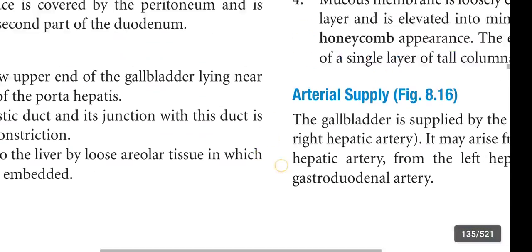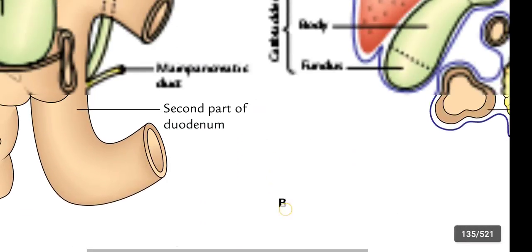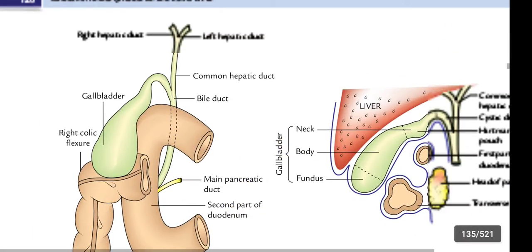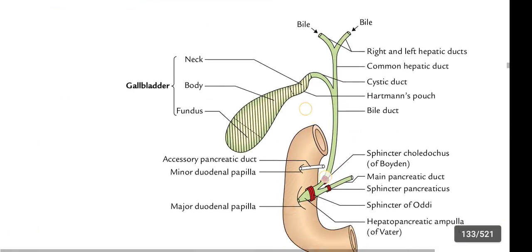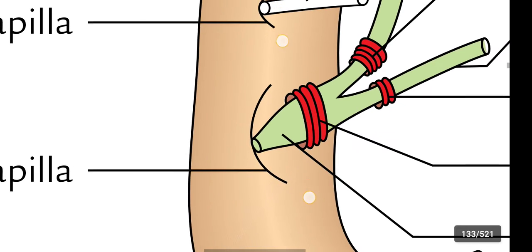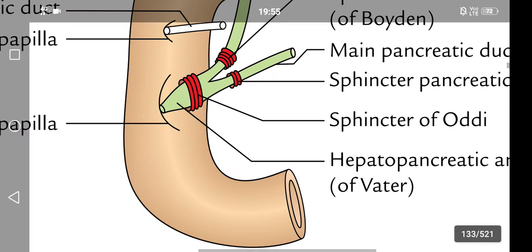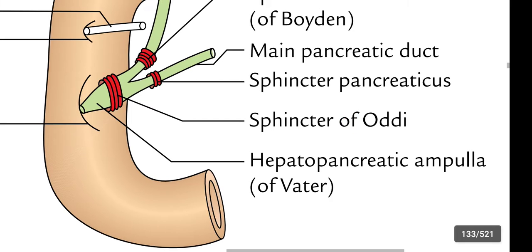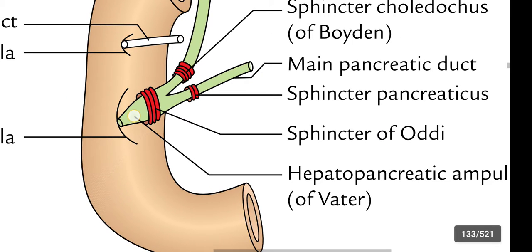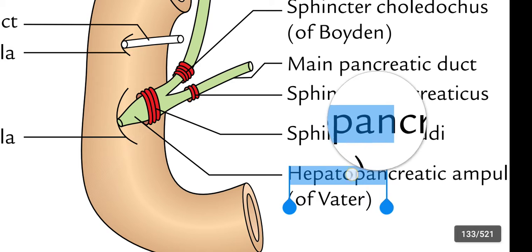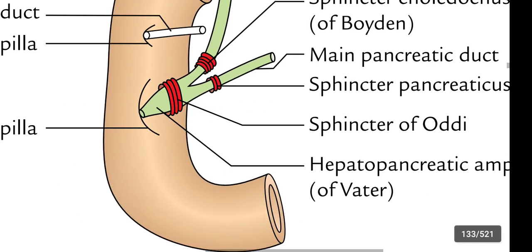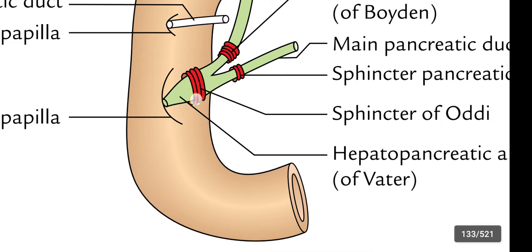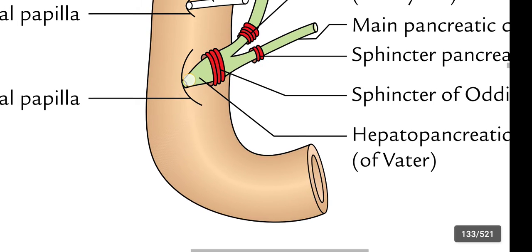I will show you that constricted part also. This is the hepatopancreatic ampulla of Vater. This is the bulged part, guys, you may see here. And this is the constricted part.